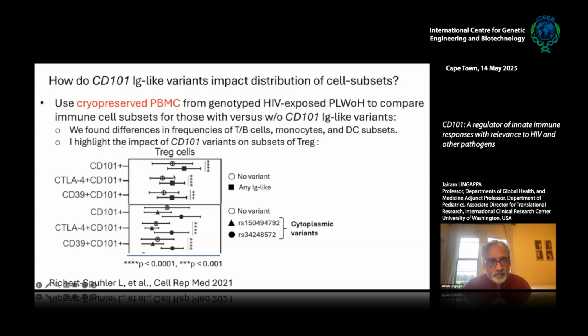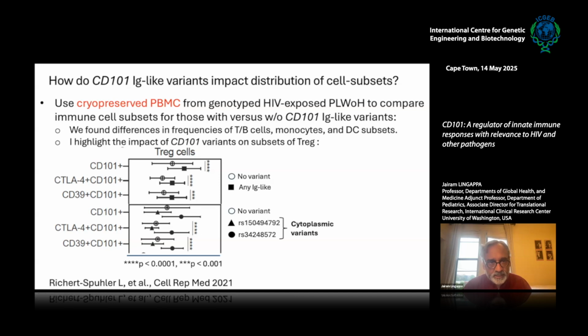And similarly, for other subsets of CD101 positive regulatory T cells, there were similar associations. And we found, to a lesser extent, one of the cytoplasmic variants was also associated with increased levels of regulatory T cells with CD101 expression.